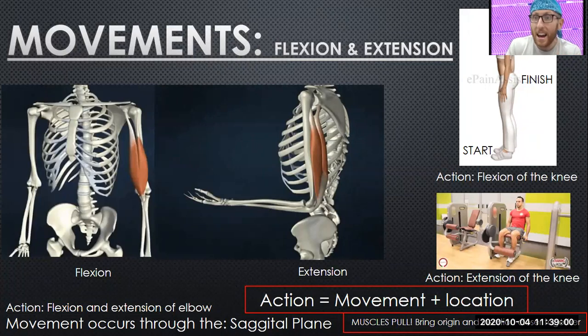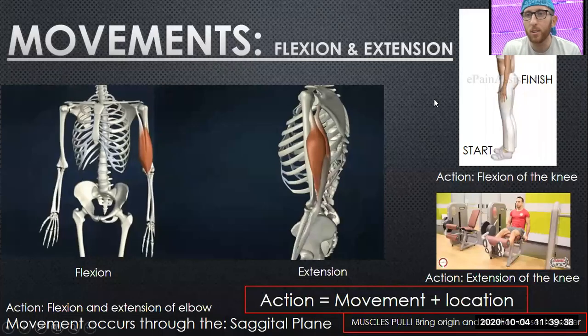So when we talk about actions of a muscle, an action is a movement plus a location. Location would be like glenohumeral joint or the shoulder joint, elbow joint, the wrist. But you got to tell me if you're flexing or extending at the wrist. So movement plus a location is an action.